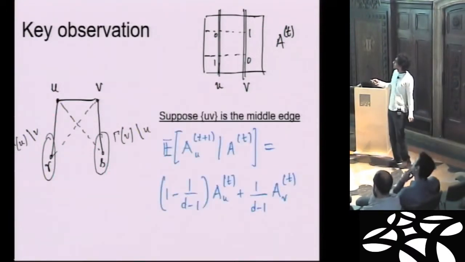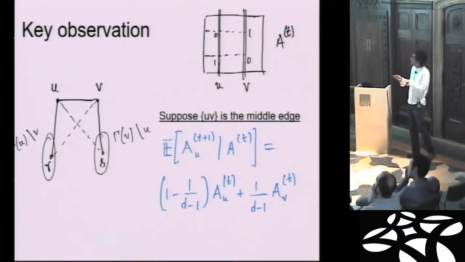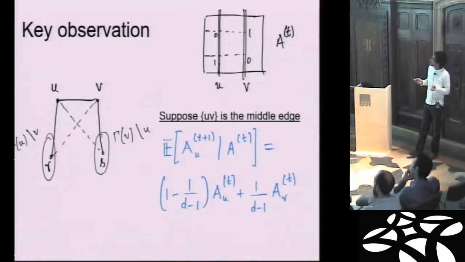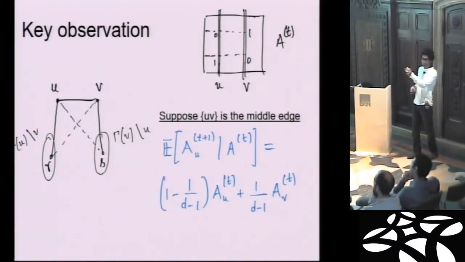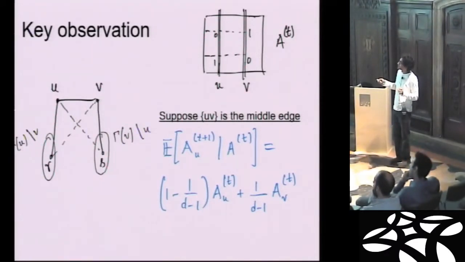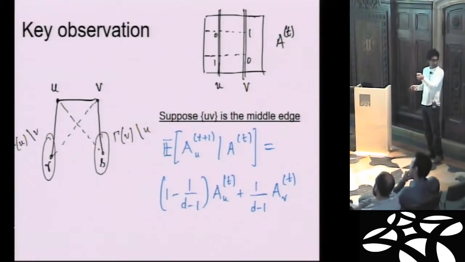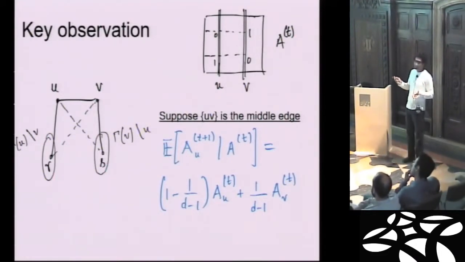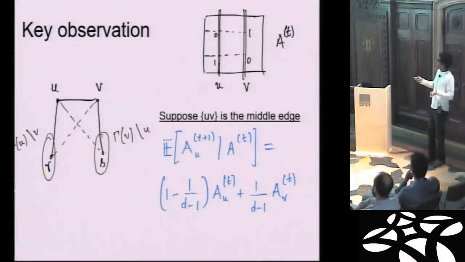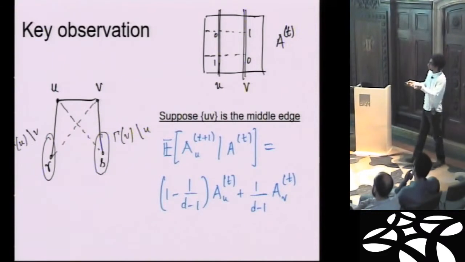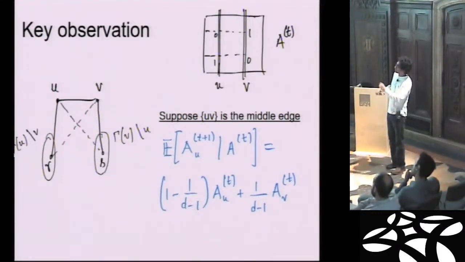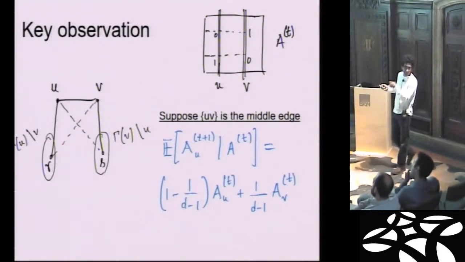All right. So it's easy to convince yourself, if you think about it a little bit. Suppose you always pick the middle edge to be uv. Then you can write down the expected uth column of the adjacency matrix in terms of the matrix that you have right now. This is pretty easy to see because with probability 1 over d minus 1, you'll add this as a neighbor to vertex v.